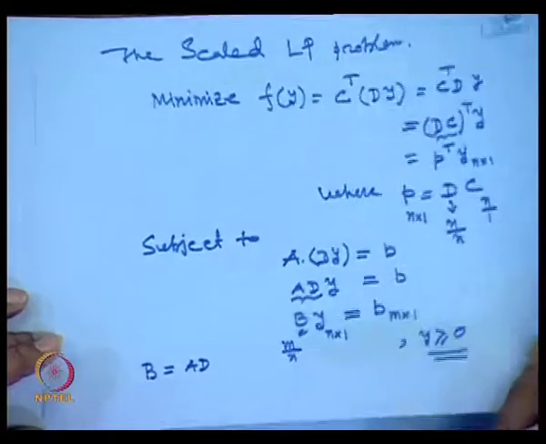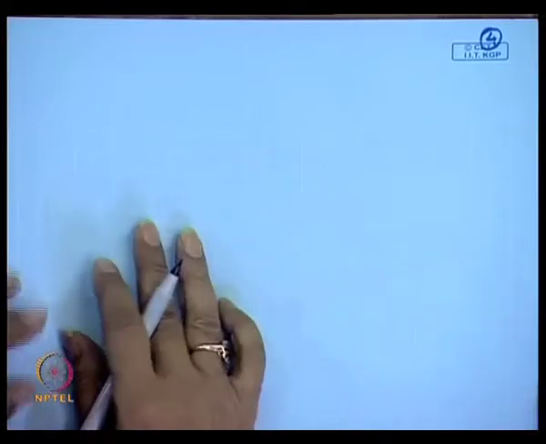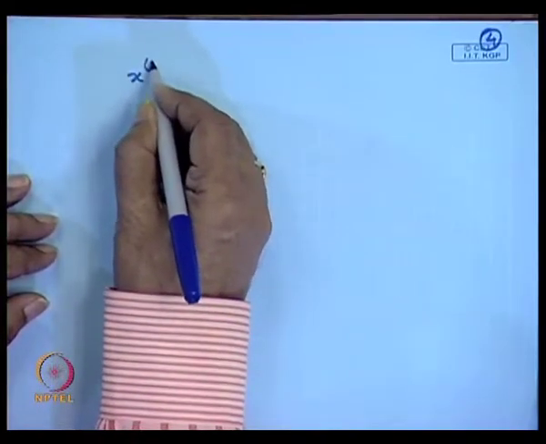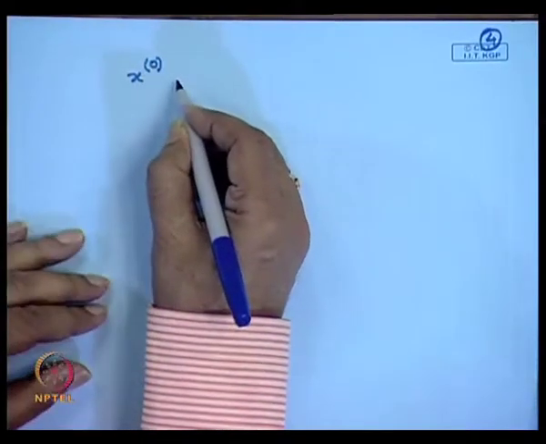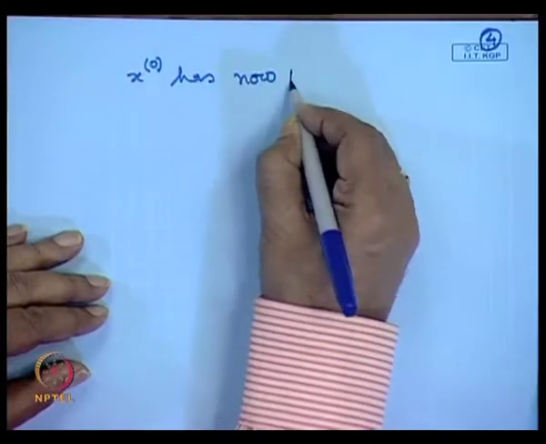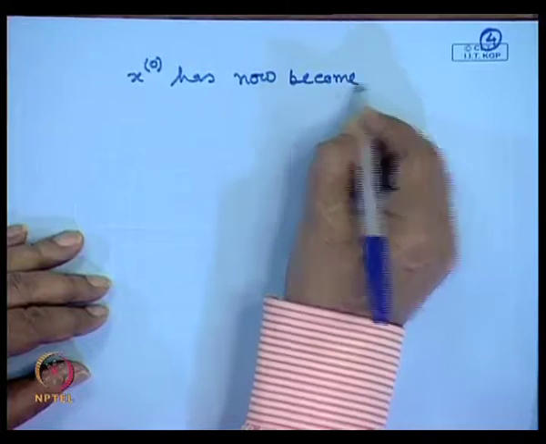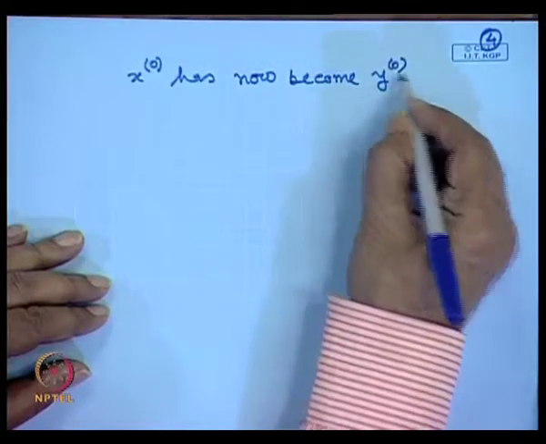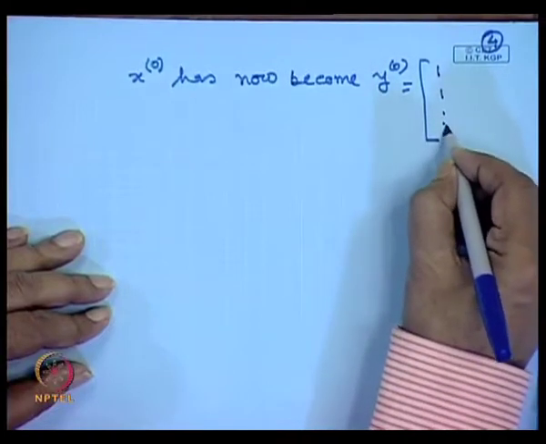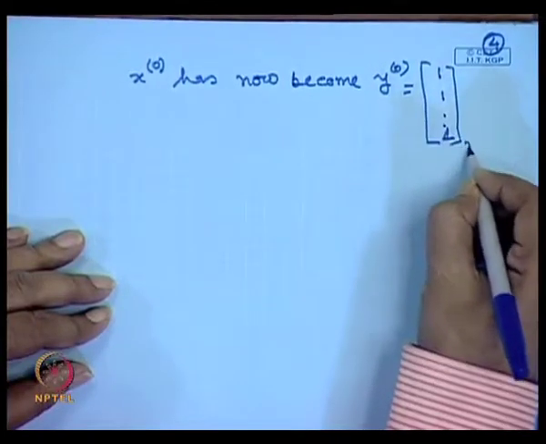So, with this, our original feasible interior point x has now become y of 0, and these coordinates, as we have seen, are 1, 1, dot dot, last is 1, and this dimension is n cross 1.